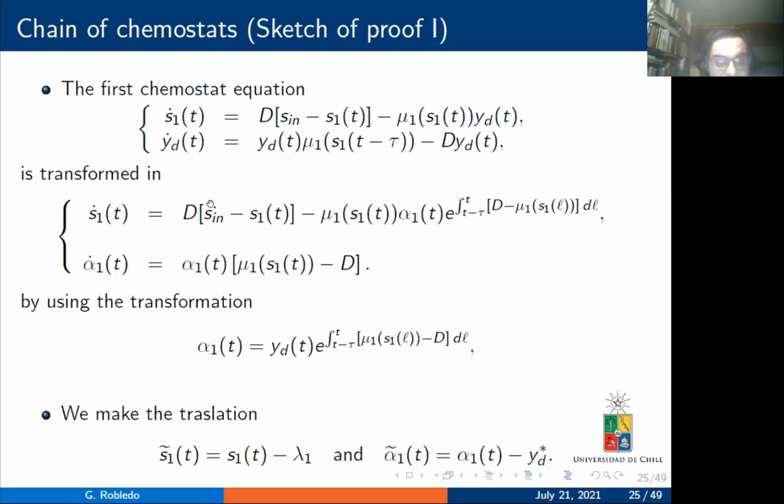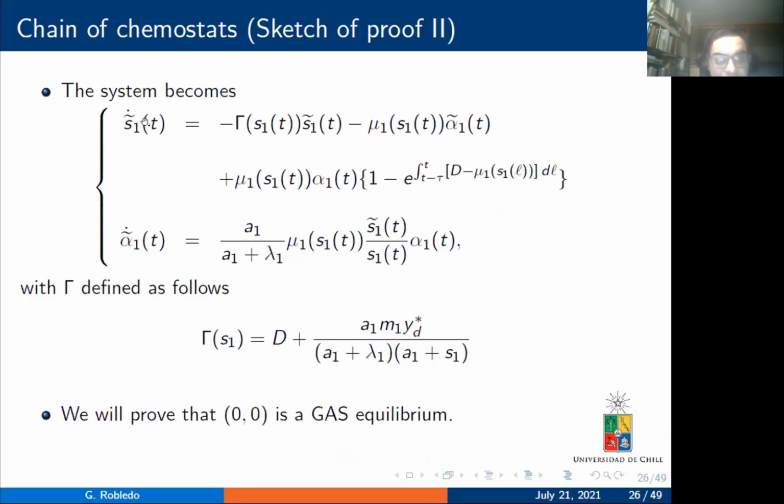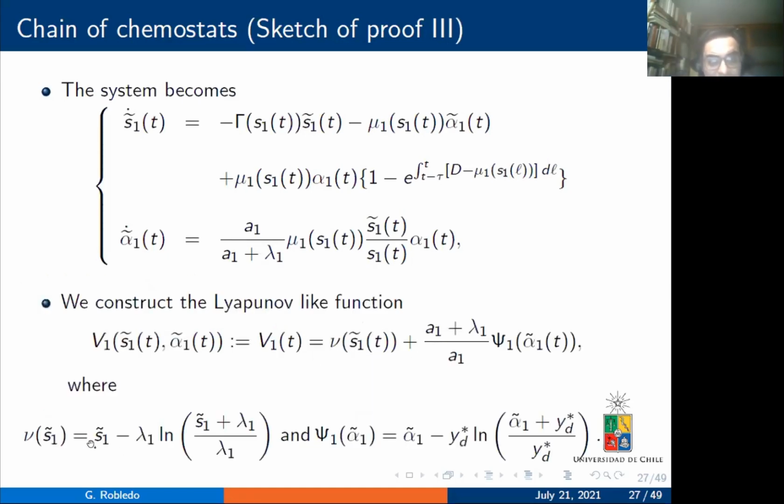With this translation, this system becomes this new system, and the unique equilibrium is the origin. And our idea will be to find conditions ensuring the global asymptotic stability of the origin. To do that, we will construct this Lyapunov-like function where this term is described here and this term C1 is described here.